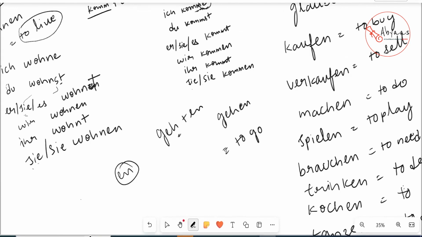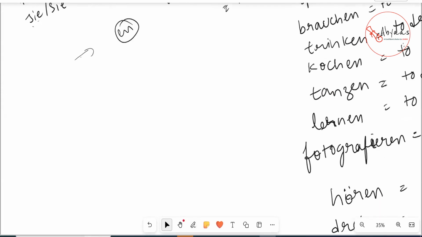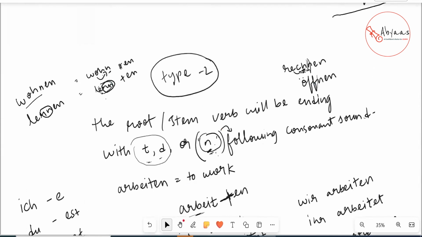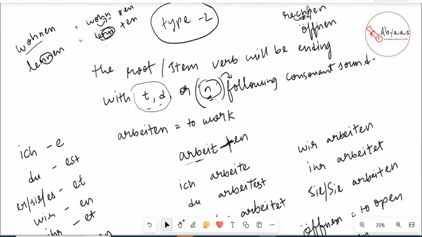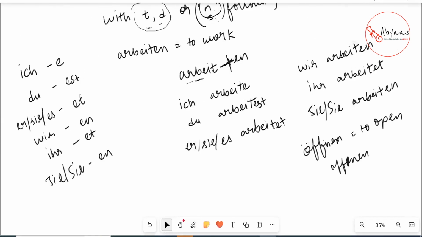If you look at the root verb and it is ending with certain letters, then it is only the second type. Other than that, happily you can go with the first type. So yeah, you conjugated öffnen.